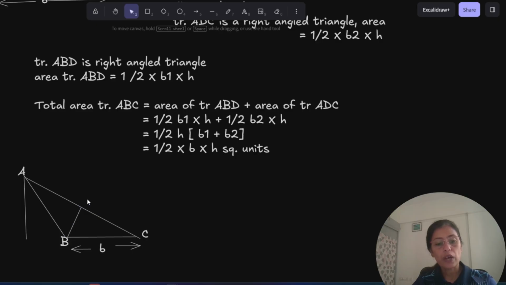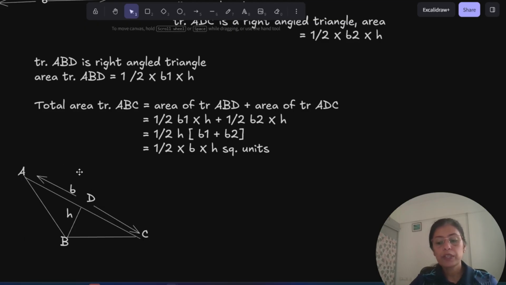Because we'll have two triangles here, ABD, in right, and this is a right angle triangle, so it will be half of base into height. So this is my B, and this is going to be my H.